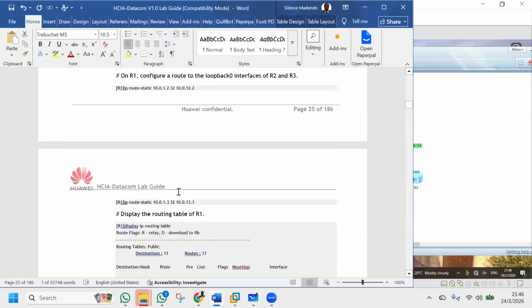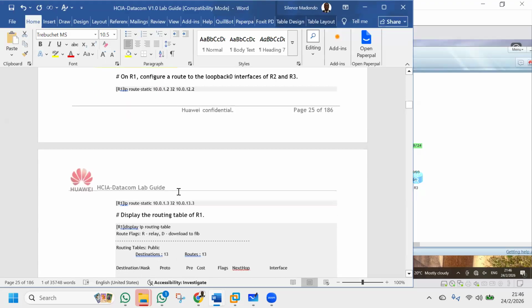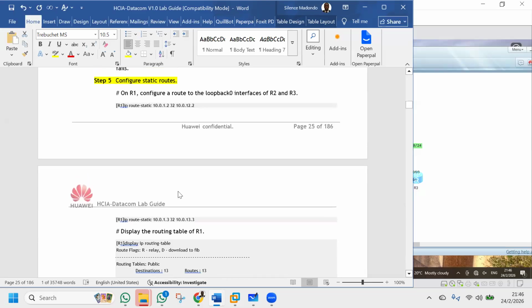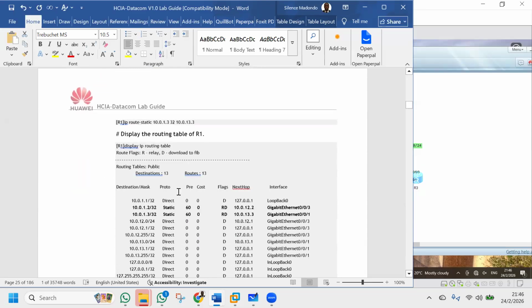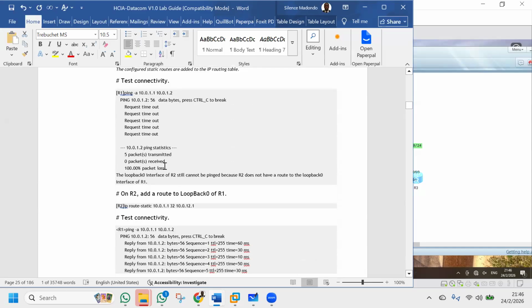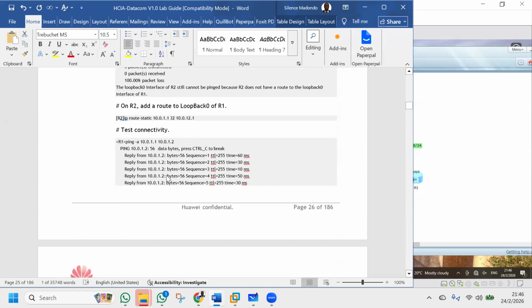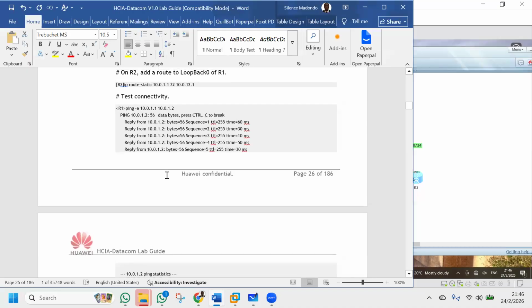Do I necessarily need to advertise everything? 10.1.2, 10.1.3. I don't think we need everything. Test for connectivity. It's still not working here as well. Test for connectivity, yeah, it's working.